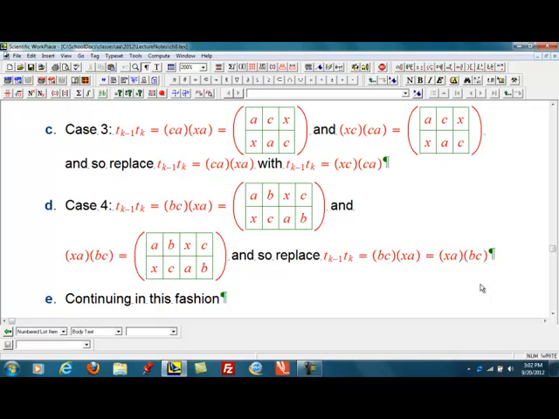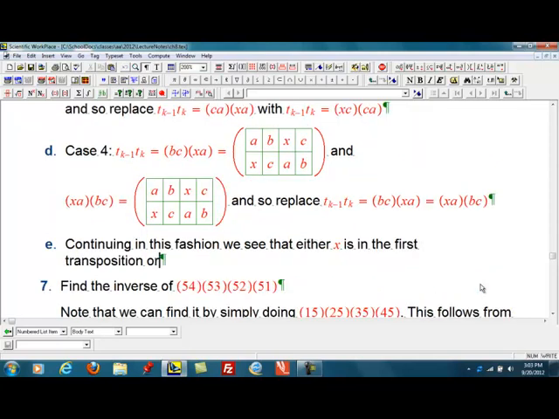In the first one, you've reduced it by 2, so you're getting a shorter transposition. In cases 2, 3, and 4, you're moving X 1 point to the left. So eventually, X moves to the first transposition, or you only have 1 transposition left. Do you see what's happening? So continuing in this fashion, we see that either X is in the first transposition, or we have 1 transposition left.